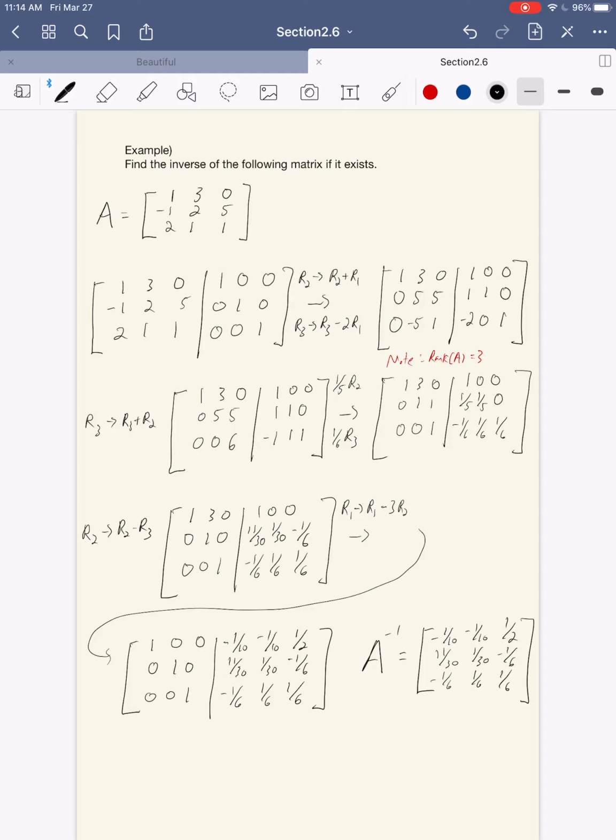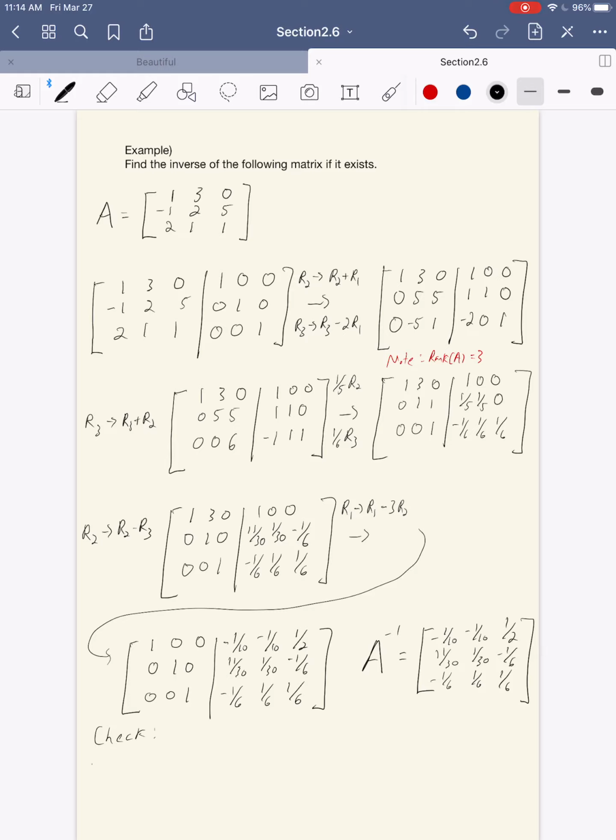Can we check this? Well, we could. We could confirm if we do A inverse. Let's make a note that this is going to be a check here. Not necessary if we're comfortable with the process, but we can do a quick check.